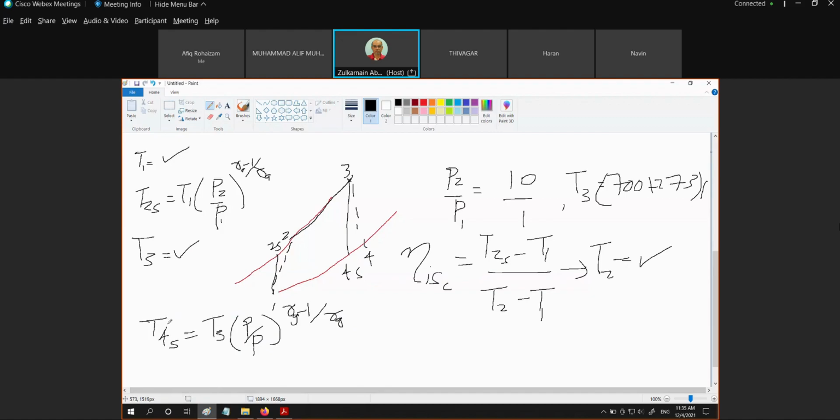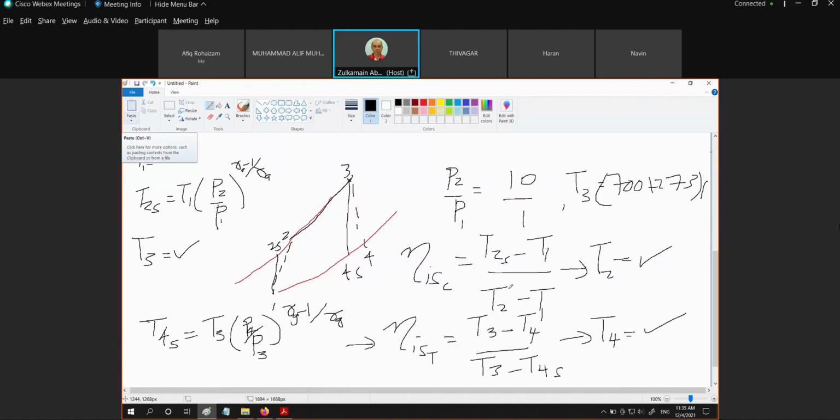And we look, this is P4 over P3. And then again, we are going to use the definition of isentropic efficiency for the turbine, which is equal to the actual T3 minus T4 divided by T3 minus T4S. And from here, we are going to solve for T4. So now we have solved all the temperatures.